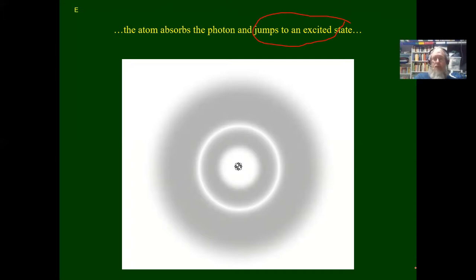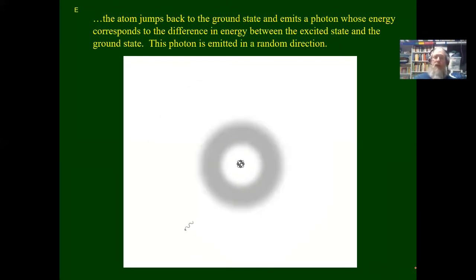Now, it could emit multiple photons and get to the ground state in multiple steps, but if it does it in one step by emitting one photon, the photon it emits will have the same energy as the photon it originally absorbed, but it will be emitted in a random direction, not related to the direction from which the original photon came, and our atom's back in the ground state.